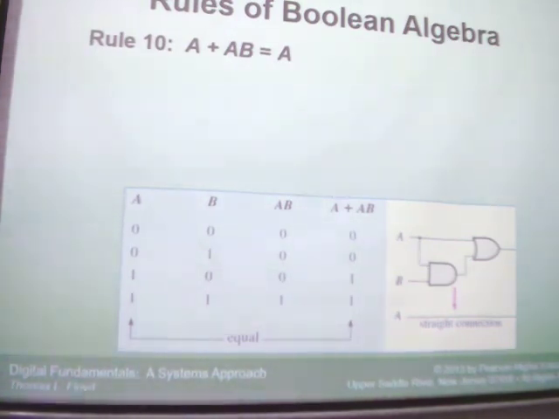Rule 10, this is a little complex. A or A and B equals A. Why? Do you know why?